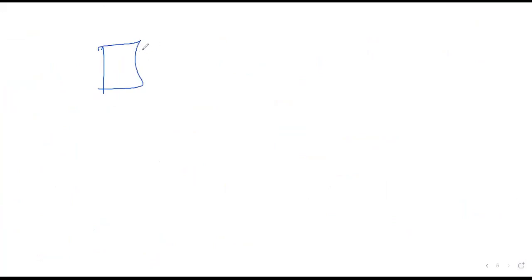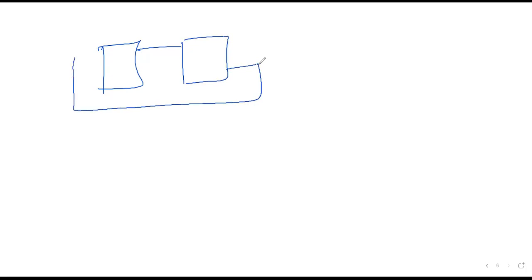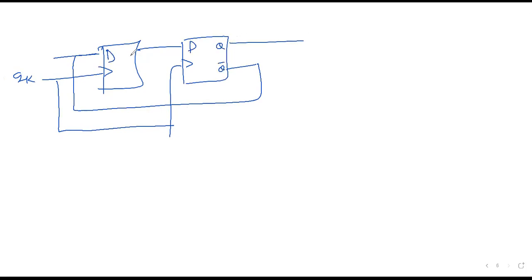So you see, if I have something like this, this always goes back in here. I have my clock. This is my input. So this is D, Q, Q bar, output here.